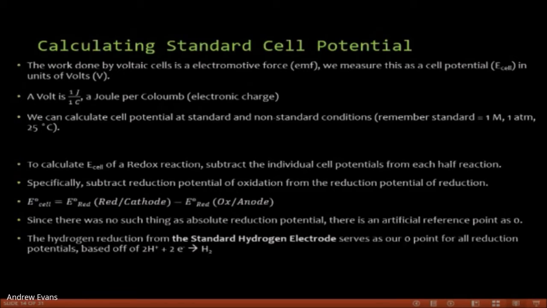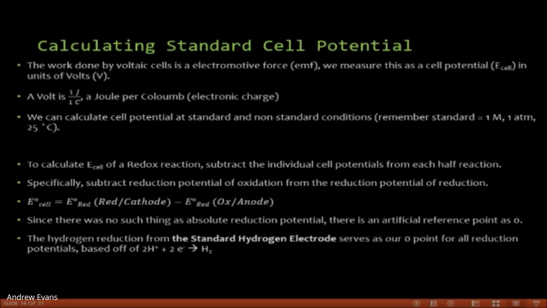The math we're doing here is actually really easy, but we're going to calculate the standard cell potential. What type of voltage are we going to get from these? This voltage is electromotive force, and we measure it in a unit of volts. A volt is a joule per coulomb.